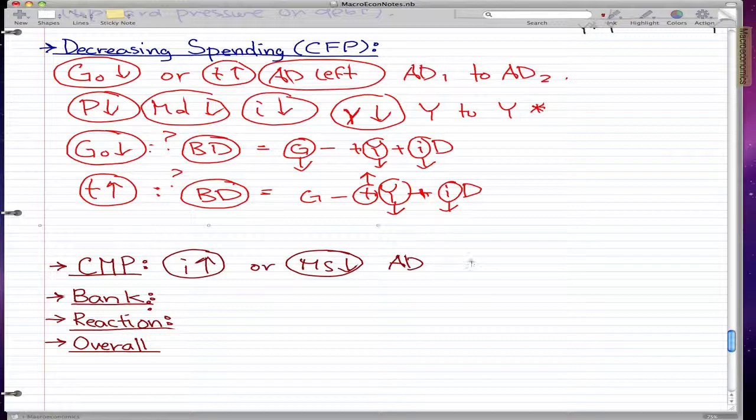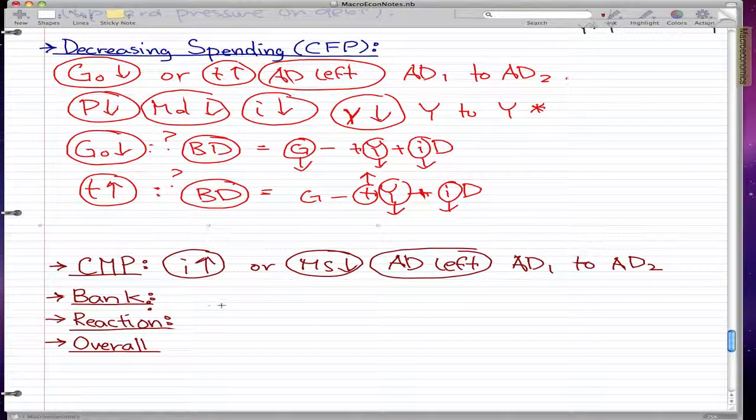AD moves left from AD1 to AD2, and the bank follows the policy by increasing their interest, and that decreases the output back to equilibrium.